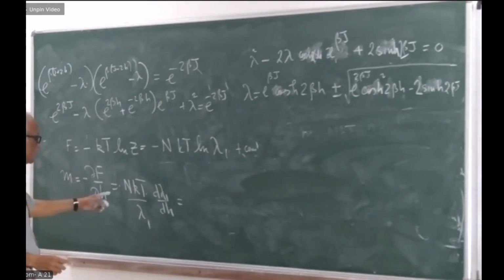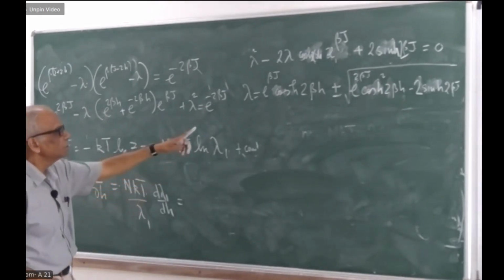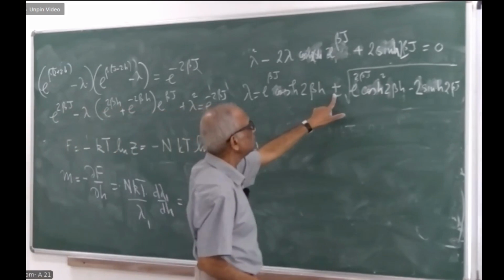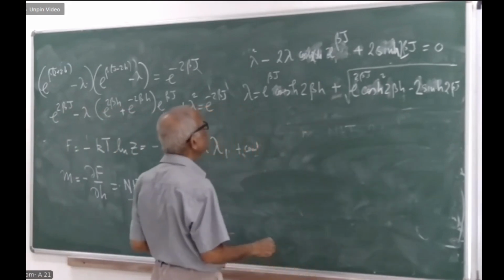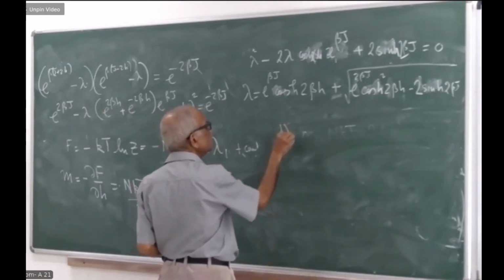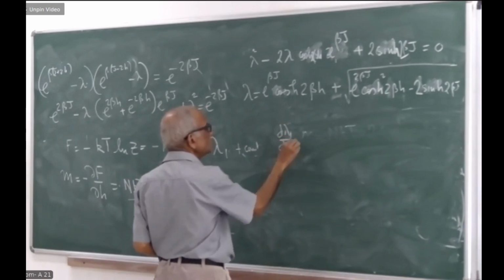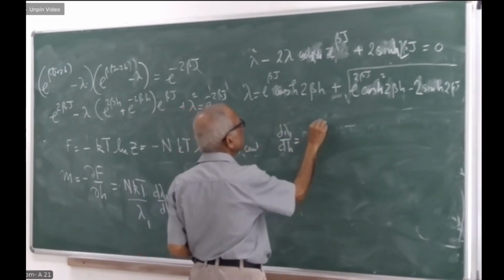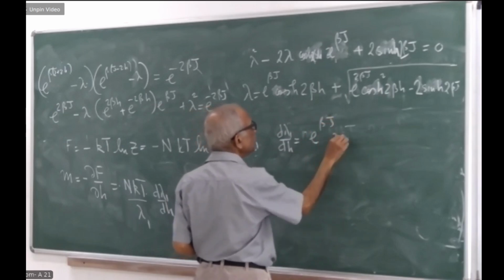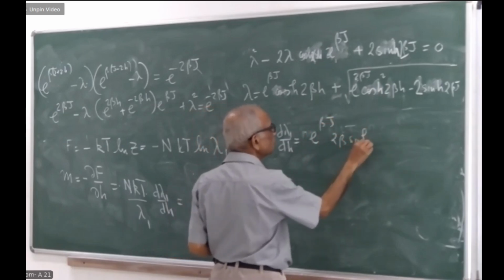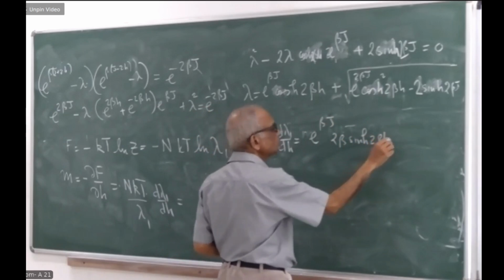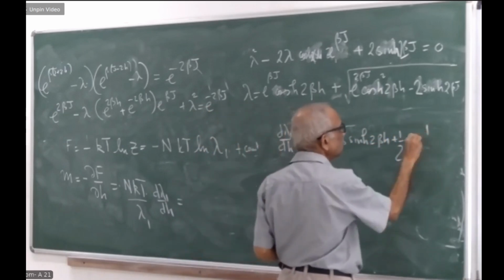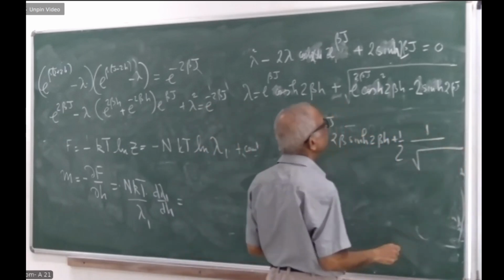So m is d lambda 1 dh. So we are going with the plus sign. That's the higher one. And so I'm doing d lambda 1 dh. D lambda 1 dh is e to the power beta j, 2 beta sine hyperbolic 2 beta h plus half, and 1 over square root of this.